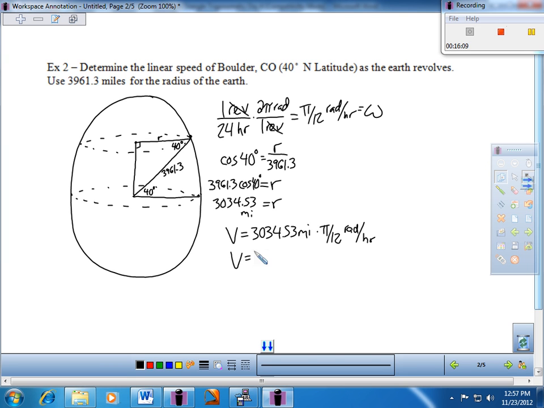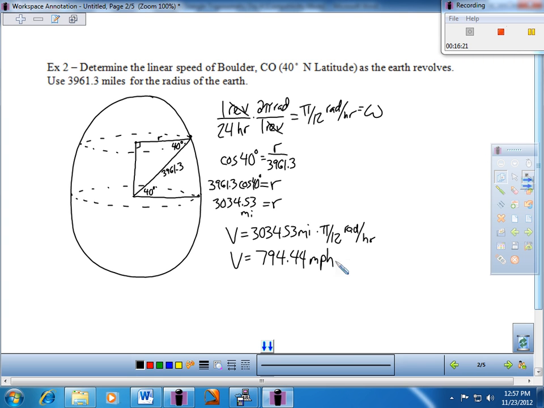And if you multiply these together, that times the pi over 12, I believe you end up getting about 794.44 miles per hour. And that looks outstanding. There's some great math that goes into exactly what we did there. I want you to look that over and think about that for just a few minutes, because example 3 is going to expand on that.